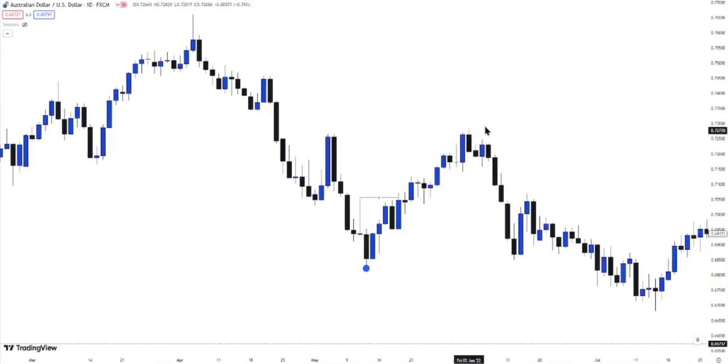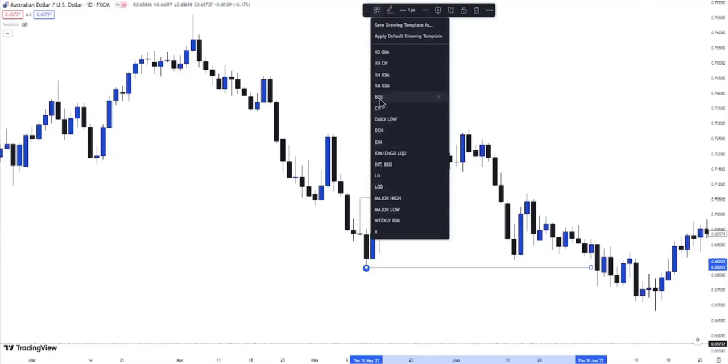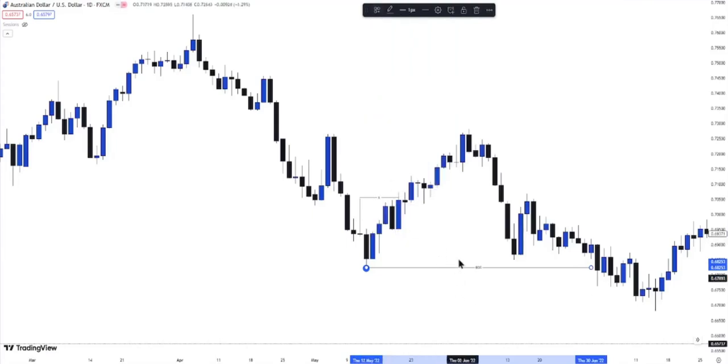For this high to be confirmed as a lower high, it has to take out this major structure low here. It has to take it out and close below it. And as you can see, that happened there. So this becomes your break of structure in the market, confirming this high as your valid high in the market.